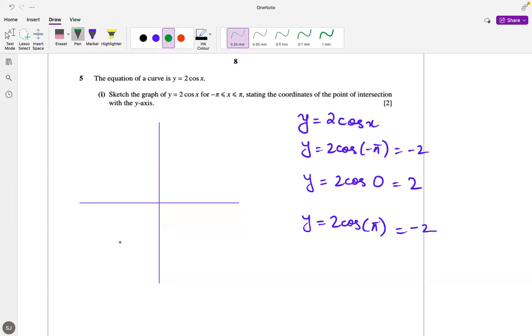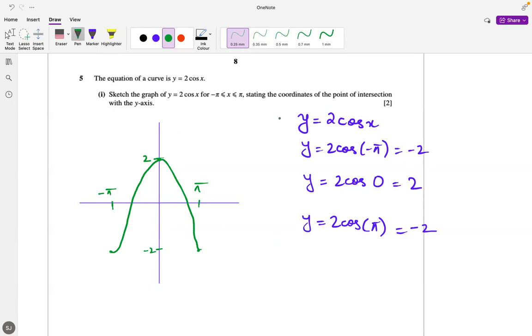Now we know that the x coordinates are from minus pi to positive pi, and the y values range from 2 to minus 2. So at x equals minus pi, the value is minus 2. At x equals 0, the value is positive 2. And at x equals pi, the value is minus 2 again. Simply joining the 3 points, we'll be able to sketch the graph of cos.